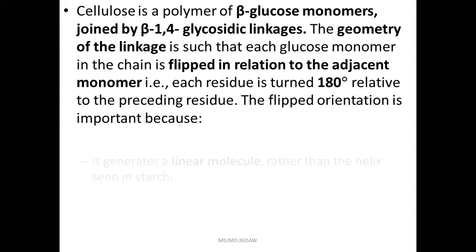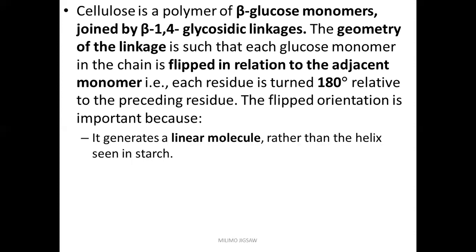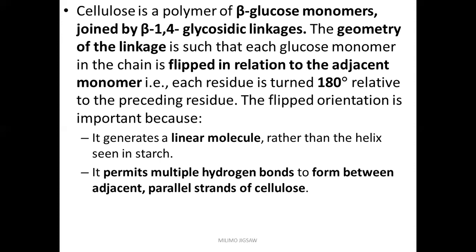This orientation is important because it makes the cellulose molecule a linear molecule rather than a helical molecule like we see in starch. So cellulose is a linear molecule. This also permits multiple hydrogen bonds to form between adjacent parallel strands of cellulose.